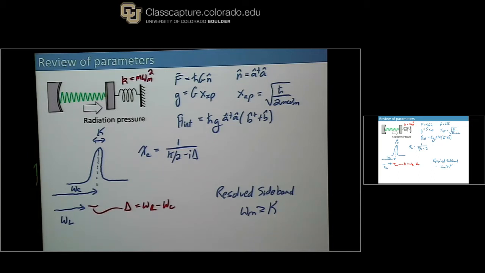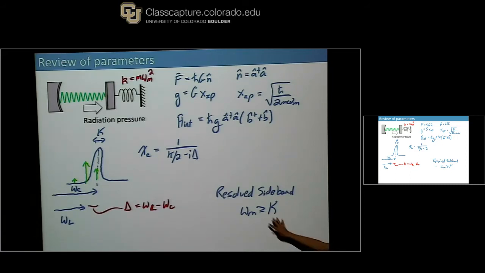Okay, this is our laser drive position. Then we can think about sidebands on this laser drive that would be at the mechanical frequency. And so those sidebands would show up over here and over here. And we talked about the difference in the force fluctuations at this position and this position, and how that led to cooling. Okay.